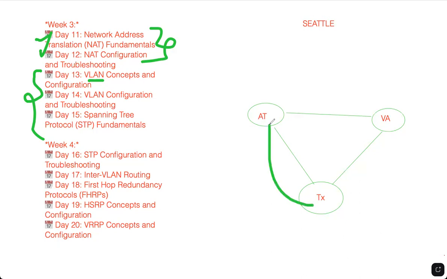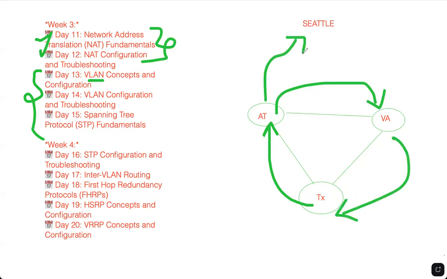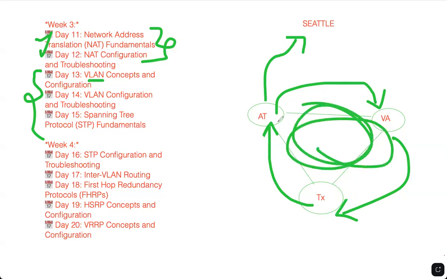From Texas, it's pointing to Atlanta. From Atlanta, it's pointing to Virginia, and Virginia points back to Texas. I never reach Seattle because there is no connection there, but there is a loop between these 3 cities, right? So eventually the packet is looping between them, but I'm never going to my destination.